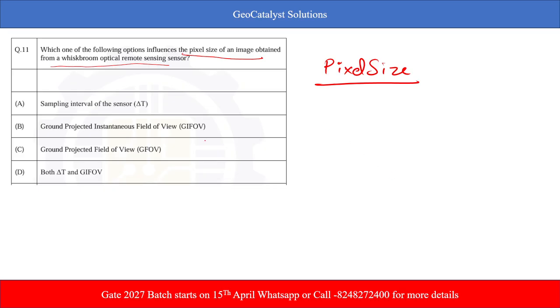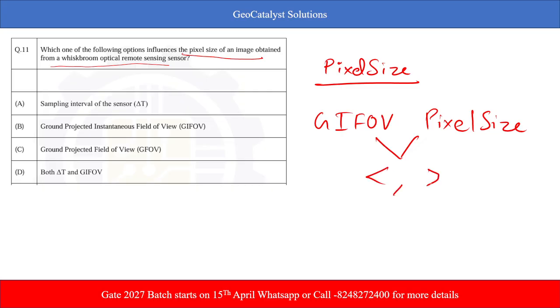Here you can solve it directly. You remember GIFOV and pixel size have a relation: if it is less than or greater than, we have undersampling and oversampling.